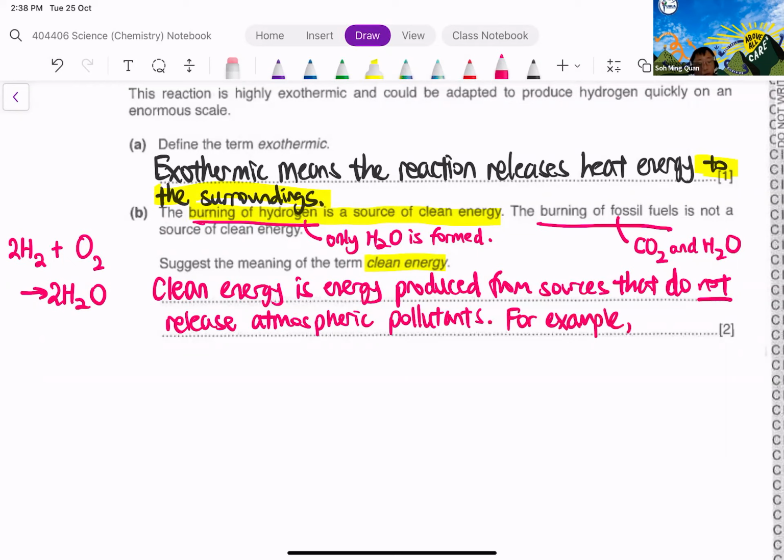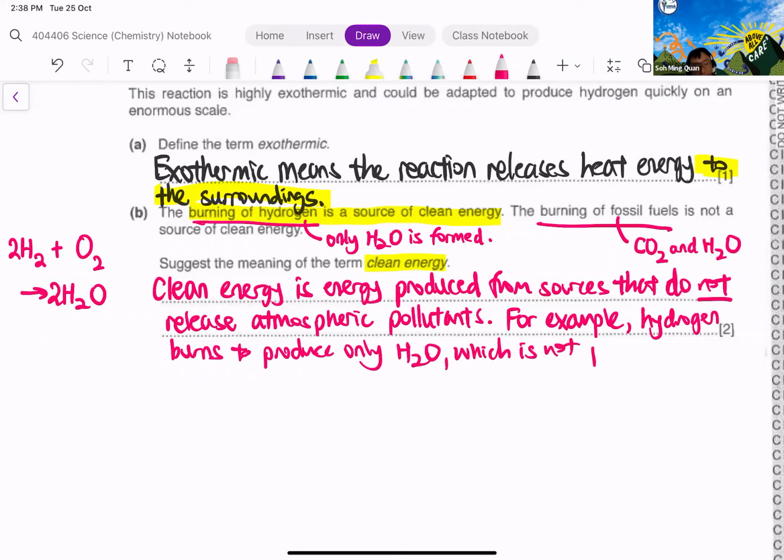For example, hydrogen burns to produce only water, which is not a pollutant. Okay, so that's hydrogen.